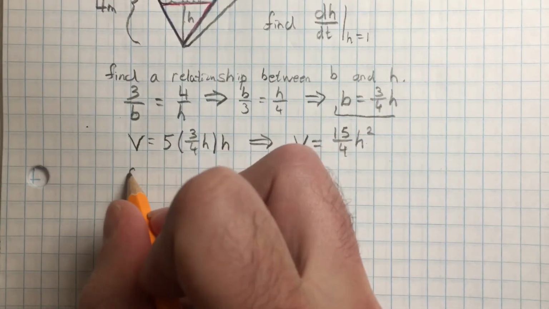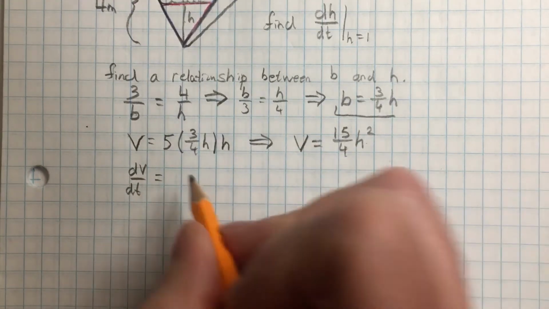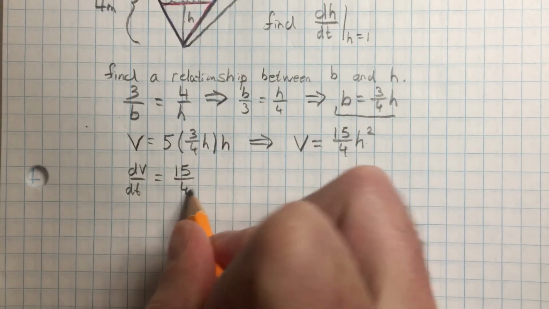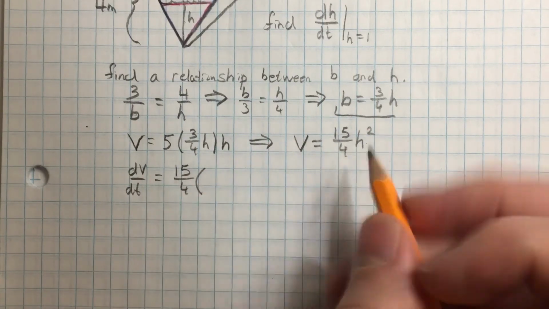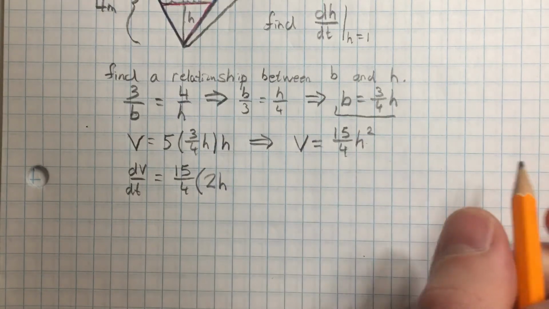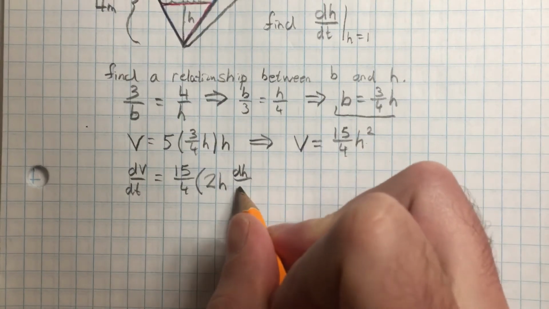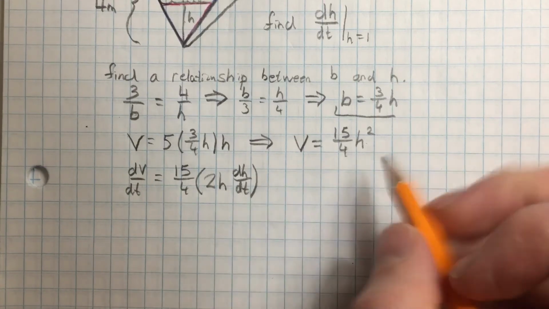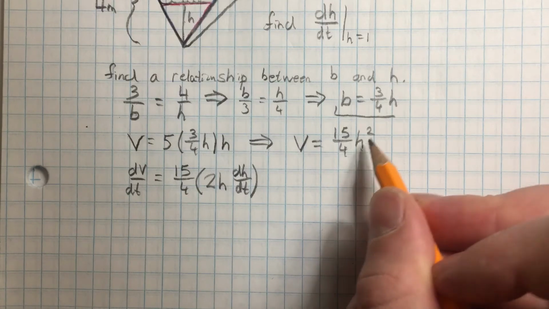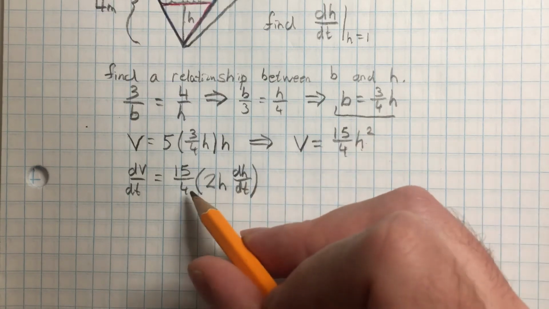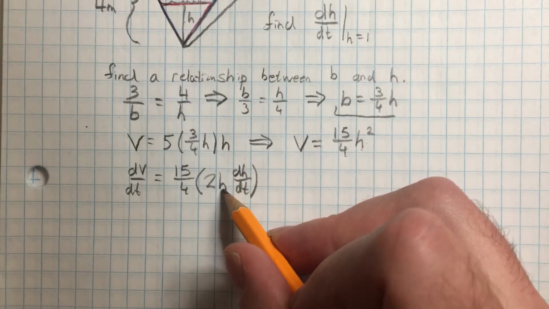All right, so dV/dt should be the same as 15/4. The derivative of h squared with respect to time will be 2h dh/dt. Again, because this h function of time is stuck inside, right? It's an inner function to the squaring function. So square comes down, power goes down by 1 to the first power, the inner function stays the same.